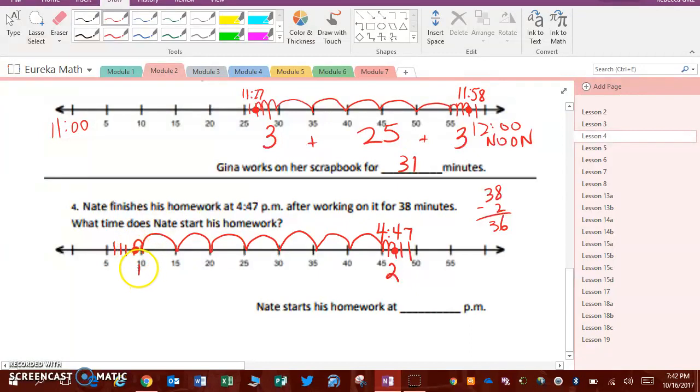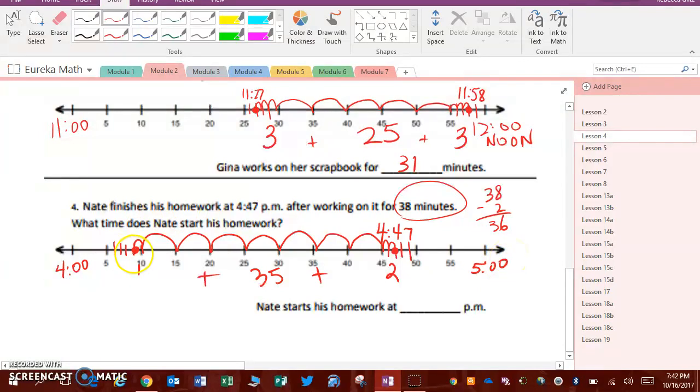Okay. So this is your 1. This is 5, 10, 15, 20, 25, 30, 35. Okay. So your 35 plus 2 is 37. Plus that 1 more is 38 minutes that he worked. So now, if he was working in the 4 o'clock hour, we should label this 4 o'clock. That means this is 5 o'clock.